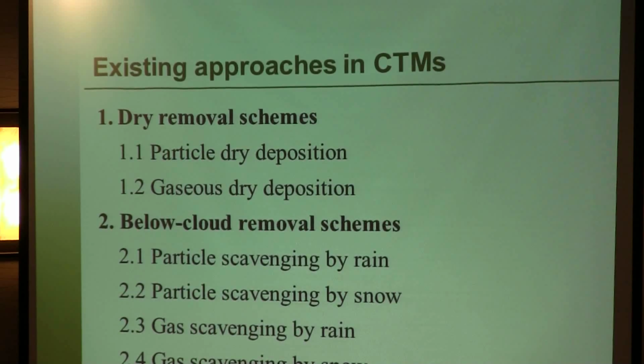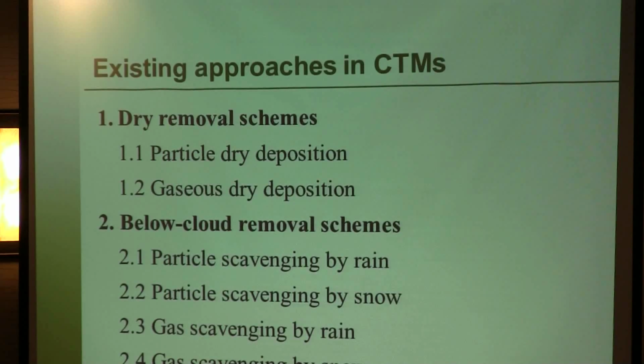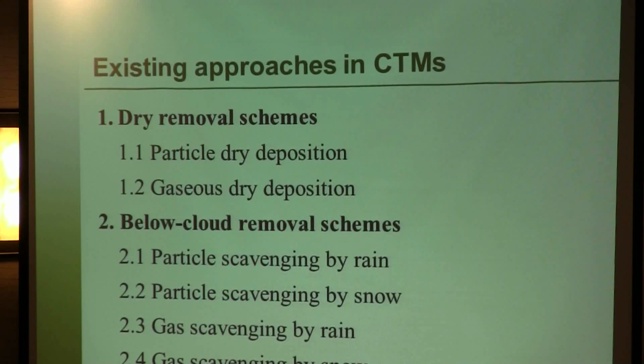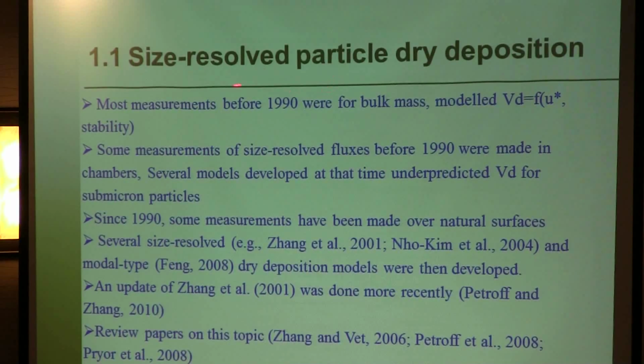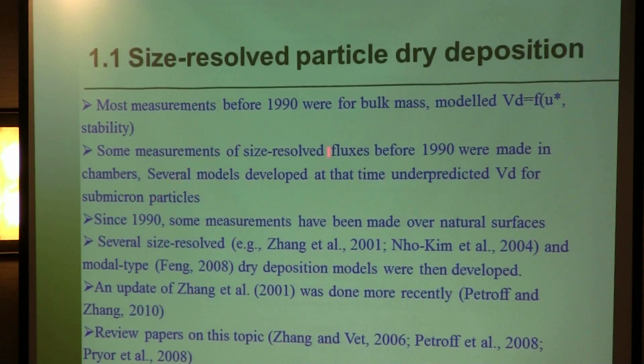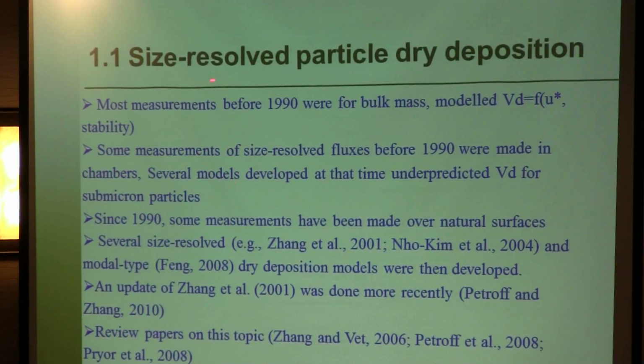I should mention first that pollutants can exist in both particulate and gaseous form. Because I don't have too much time, I don't want to go into too much detail.